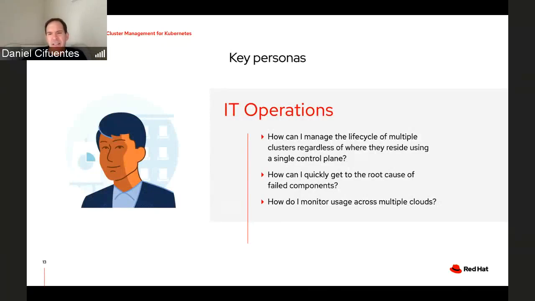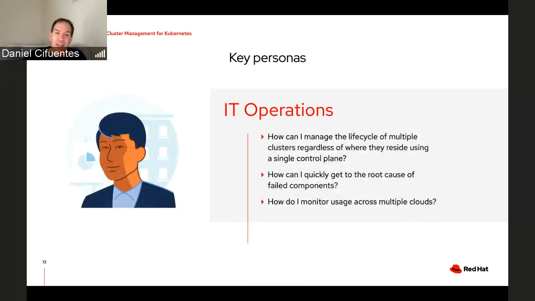But eventually it does, and so now they're looking at building multiple clusters, and they're thinking, how can I manage the life cycle of all of these things that I've deployed? And I want to be able to do it regardless of where they reside, in fact, what flavor it is, and I want to do it all through a single control plane.